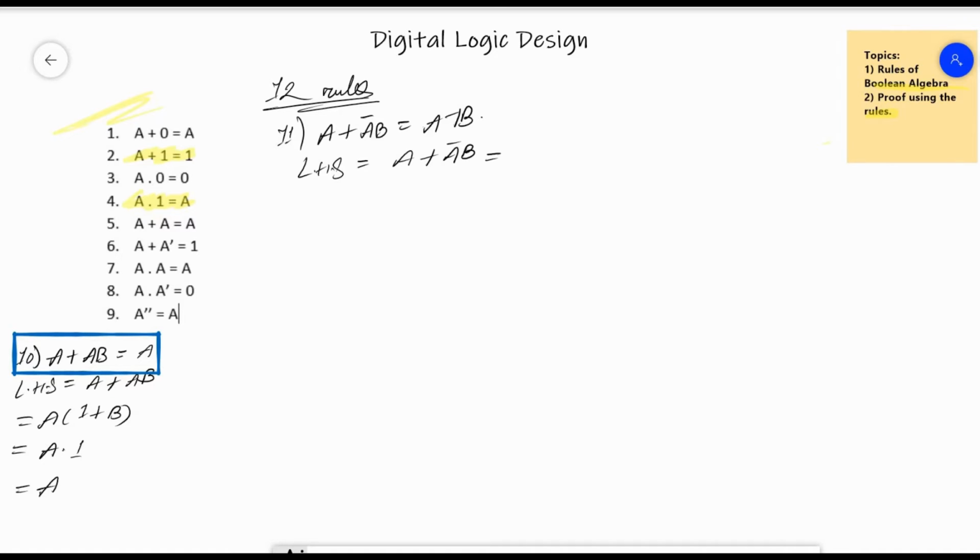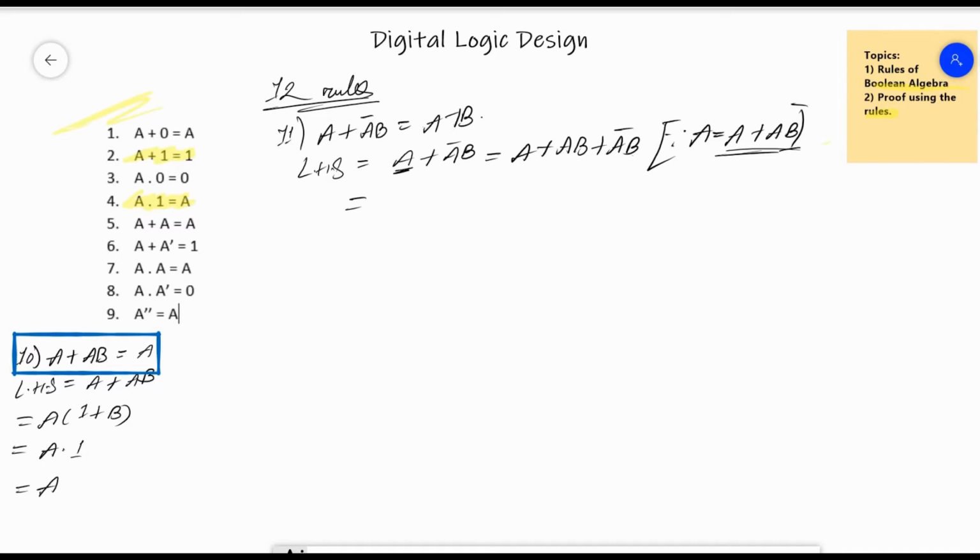At first we will rewrite it like this: A plus AB plus A bar B. We can write it because we have learned from rule number 10 that A can be written as A plus AB. So we just changed this one with A plus AB and we have the remaining part similar to before.